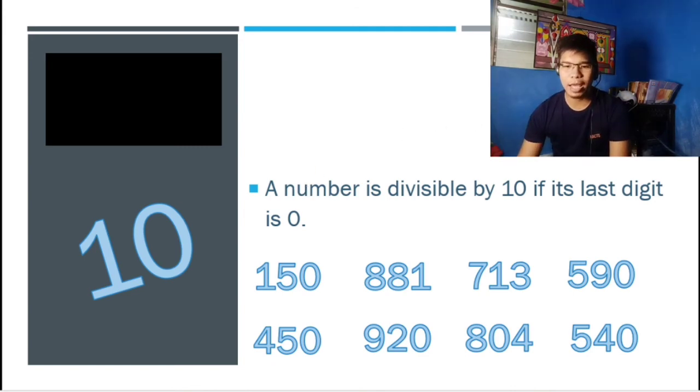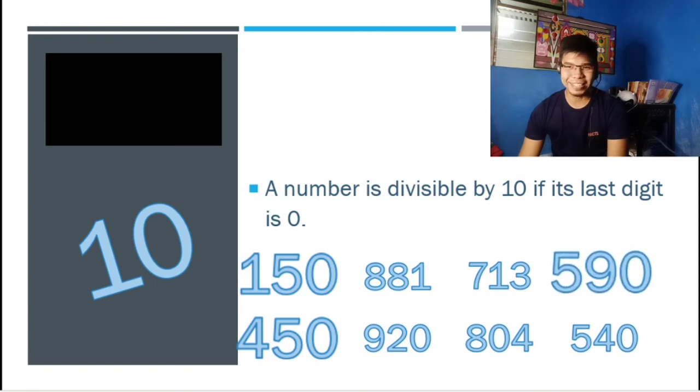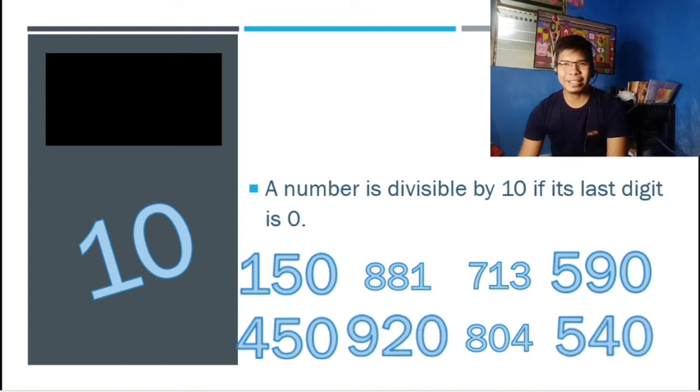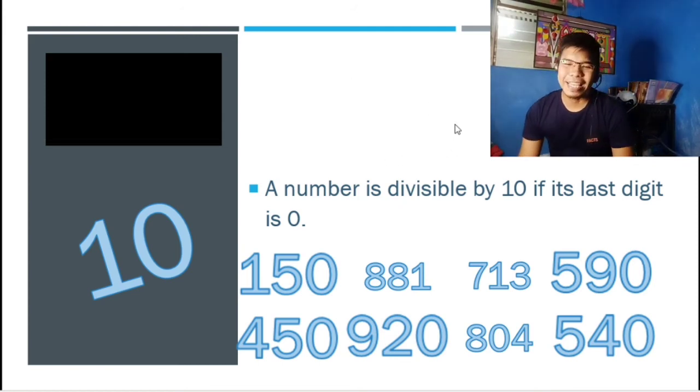We have 450, yes, 150, 590, yes, those are the numbers that end with 0, 920, and 540. And that's it for this episode for the divisibility rules for 8, 9, and 10.